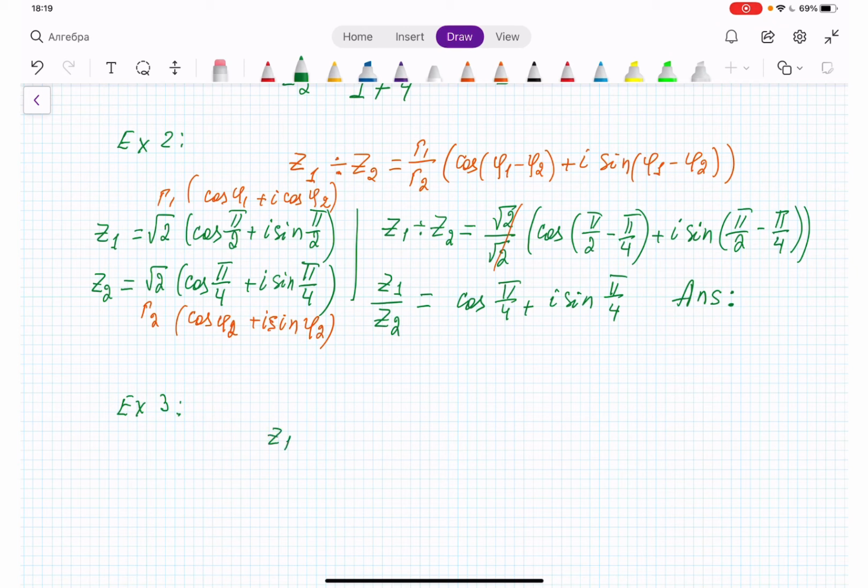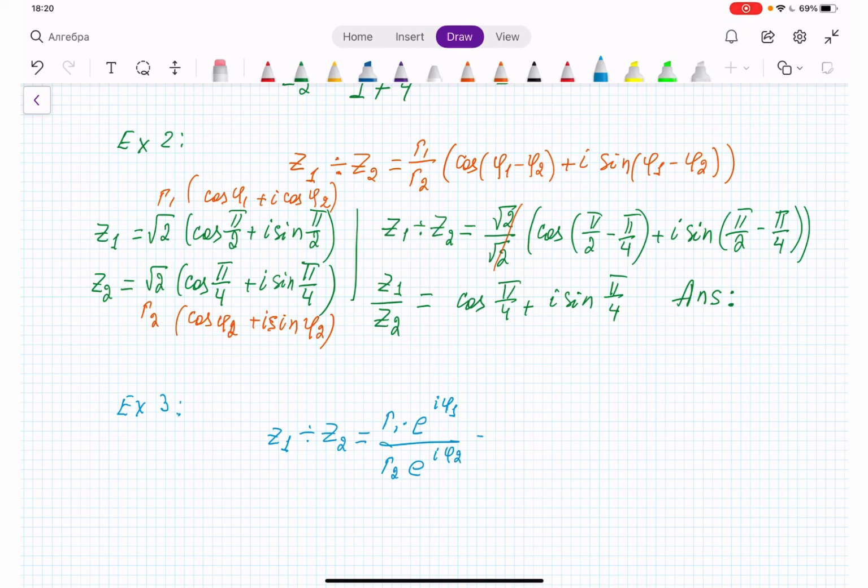Let me change the color so you will see it's different. z1 divided by z2 is equal to r1 times e to power I phi1 divided by r2 e to power I phi2, right?